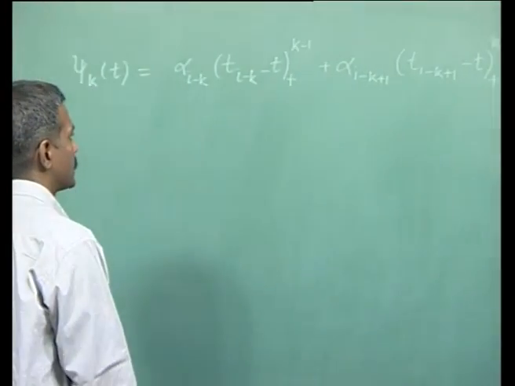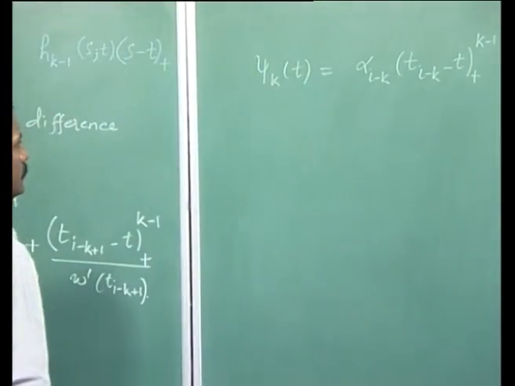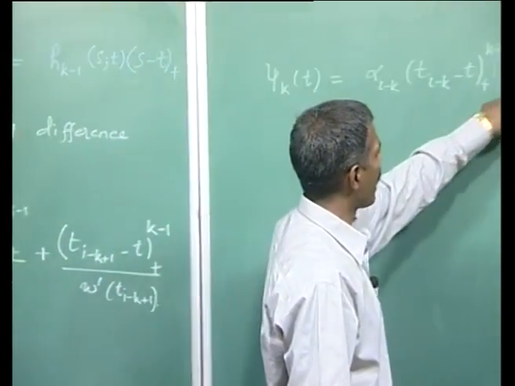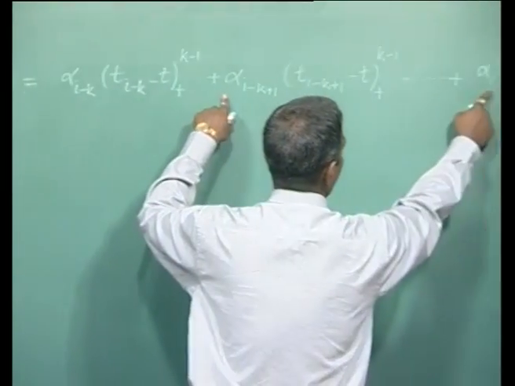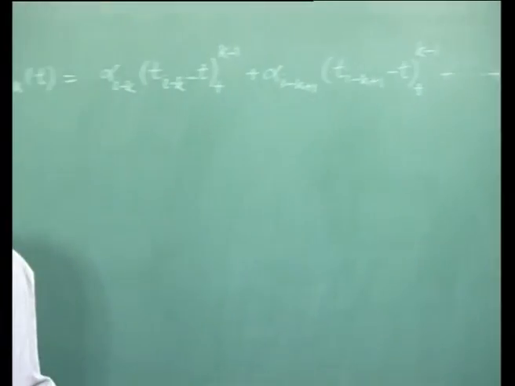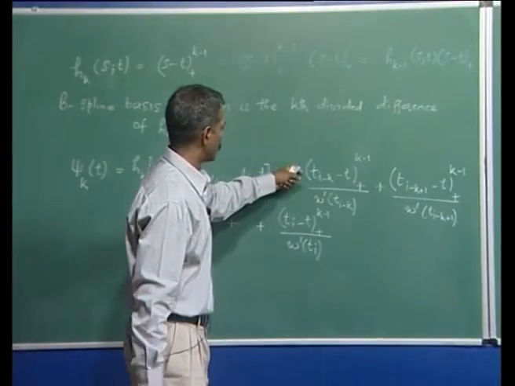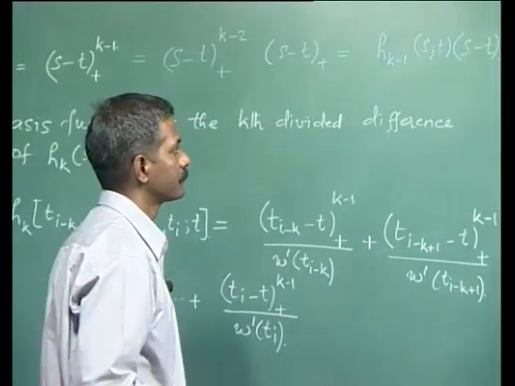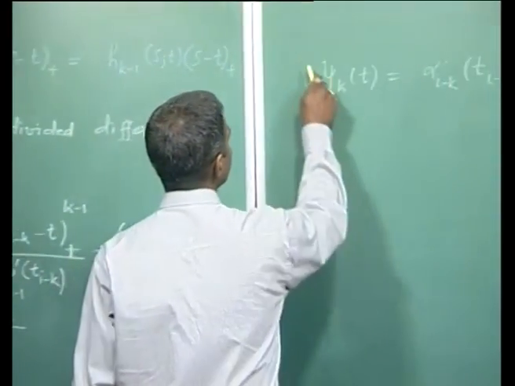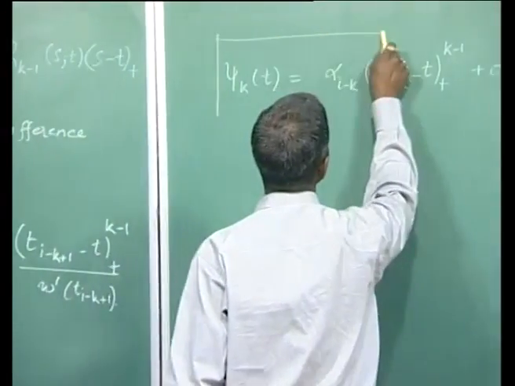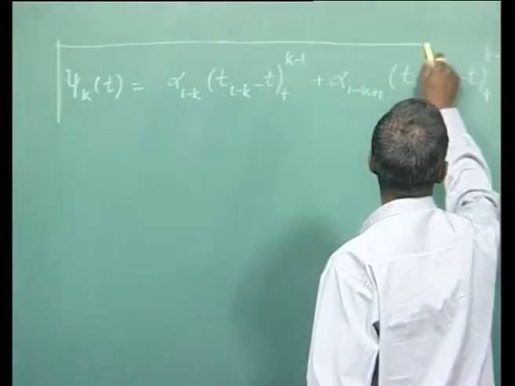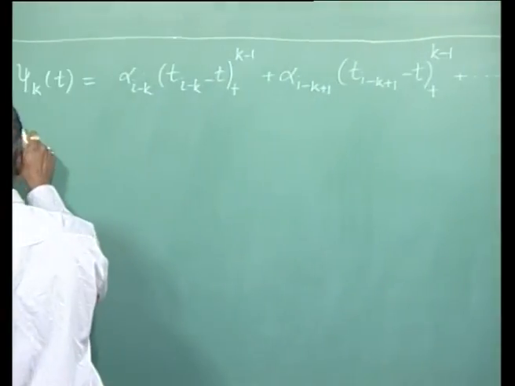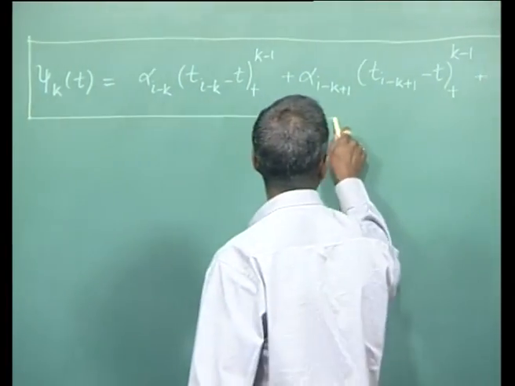This is what I'm interested in. Alpha_{i-k}, alpha_{i-k+1}, all these constants over here are respectively 1 over w primes. Let's block this result, as we are going to be using it a little later.